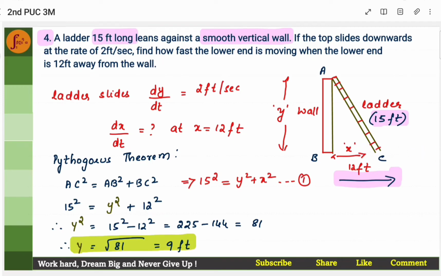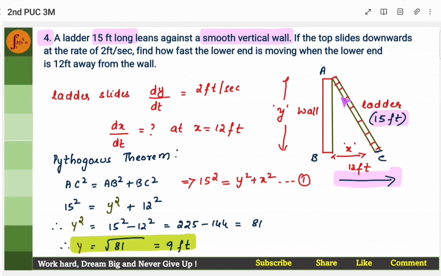Now you need to find, as the ladder is moving downwards, how fast is it going apart from the lower end? This is the lower end of the ladder. How fast is it moving away from the wall? This is the wall. Now you assume that the height on the wall is y and the distance from the lower end of the ladder to the wall as x. Ladder they've given as 15 feet.